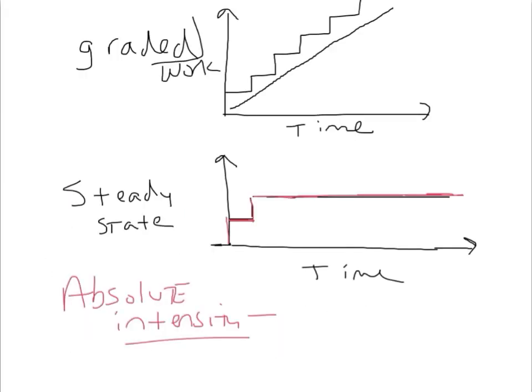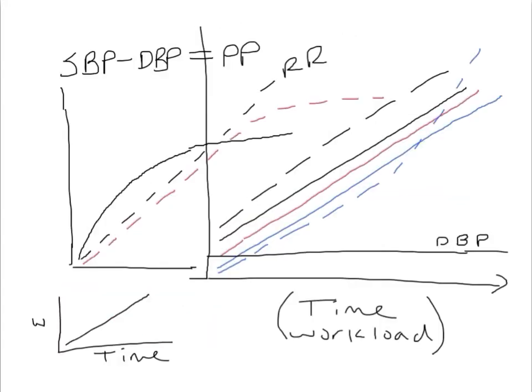I then took some time to explain the difference between graded and steady-state work. I then discussed the responses of a variety of these variables during graded work. And as you can see here, most of them increase linearly or near linearly with workload.